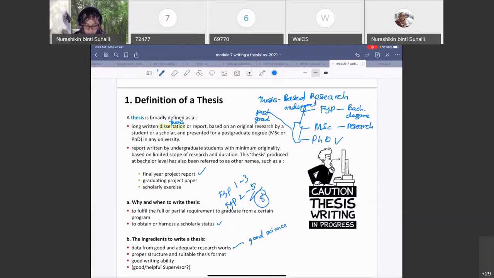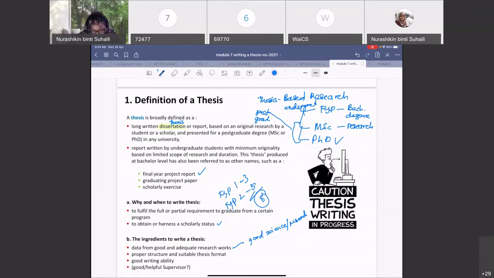So we are in science, so I said good science or good research. So the basics of research, you should do in stages, you should do in systematic, yeah? So that will give you good results, good data, because those good data are the one that you want to write, you want to communicate, yeah? So all of those things are important.